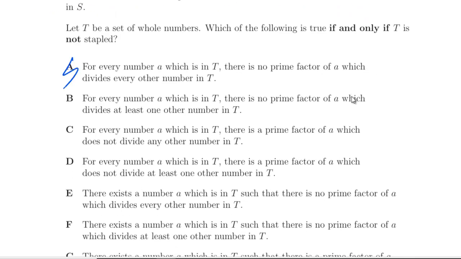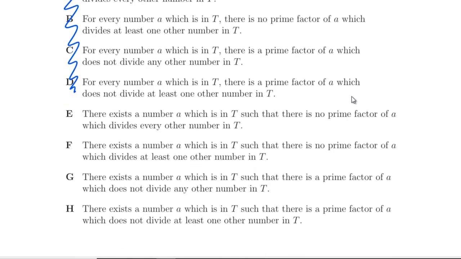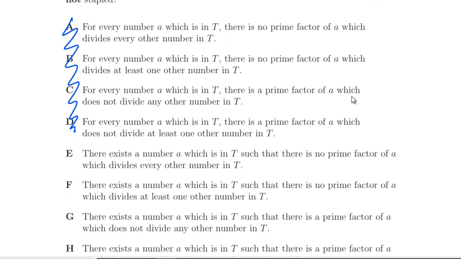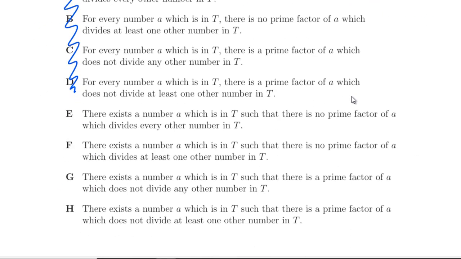So I can already cross out all of A to D. Right, so there exists a number A, which is in T, such that there is no prime factor of A which divides every other number in T. But we don't have to divide every other number, do we? Just have to go into another number. Is that right? There is no prime factor which divides every, yeah, so it's not going to be E, because that's just too strict again. So let me make sure I'm getting that right. There is no prime factor of A, which is what we want.